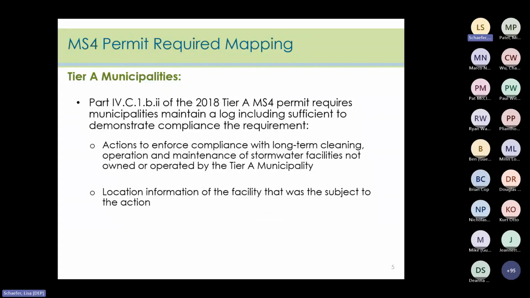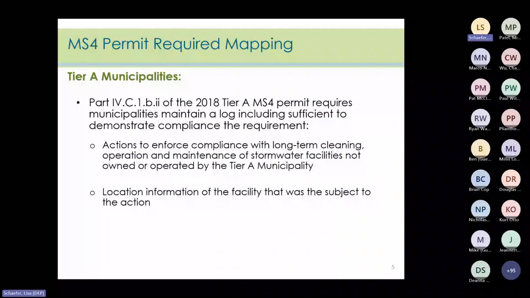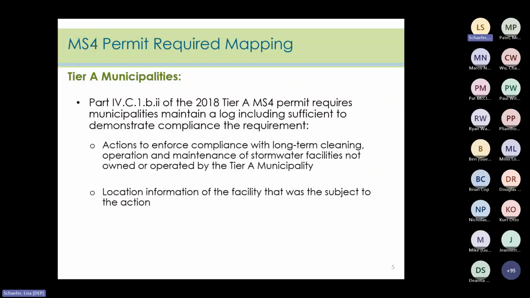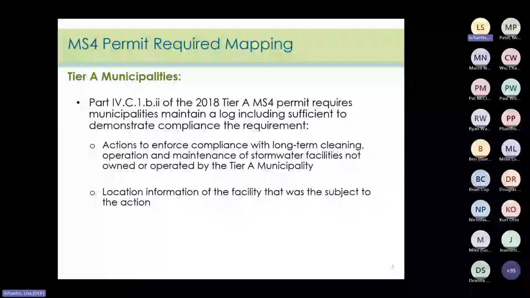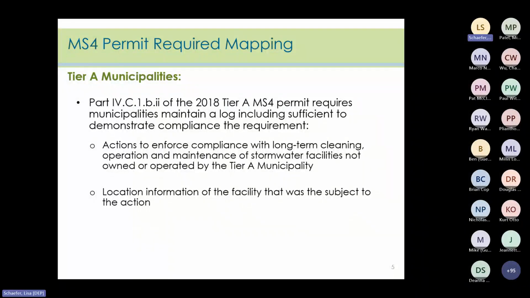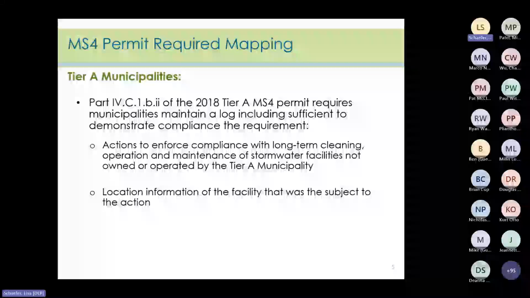So, for example, a notice from the township to the responsible parties requiring maintenance of their stormwater basins, and also location information of the facility that was the subject of the action. Without the location information, there is no demonstration that the municipality actually enforced the maintenance requirements on those privately owned facilities. We feel that if you don't know where the facilities are, you cannot make sure that they're properly maintained, and enforcement actions are taken against those responsible parties for failing to maintain their basins.